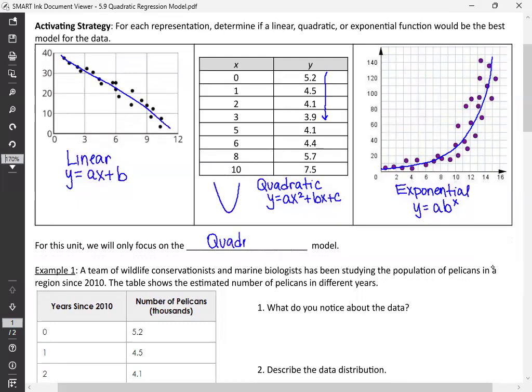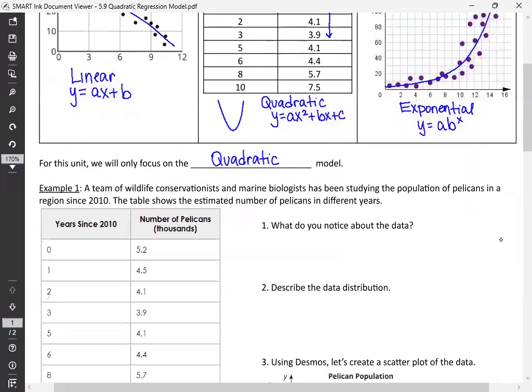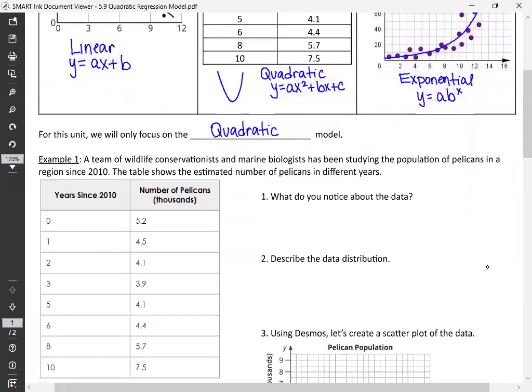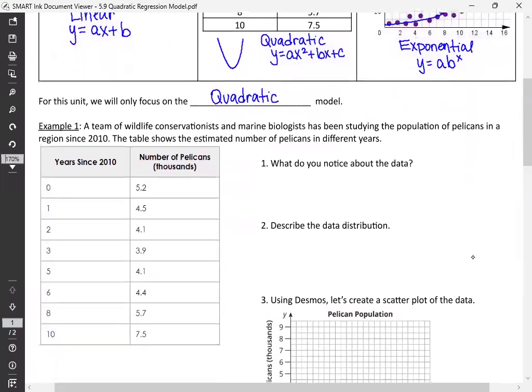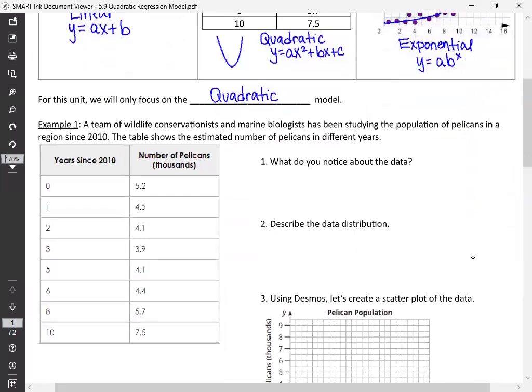So we're going to learn how to go to Desmos today and come up with a quadratic equation that will best fit a scatter plot or a data set. So for example 1, a team of wildlife conservationists and marine biologists have been studying the population of pelicans in a region since 2010.